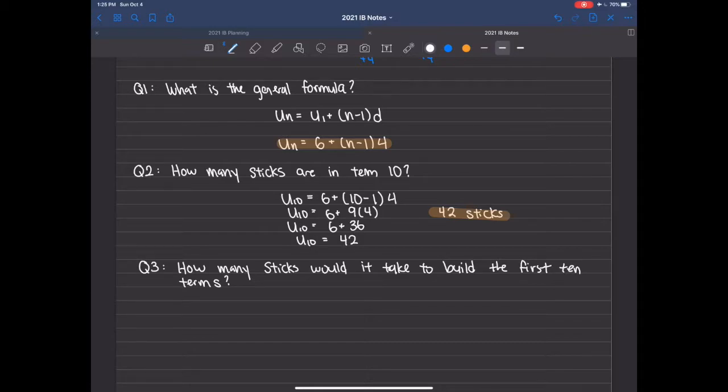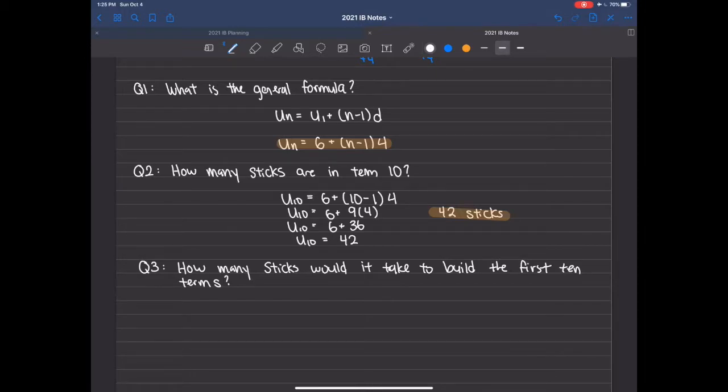In other words, I don't just want to use all the sticks from step 9 to build term 10. I want to lay them all out. I want to know in total, if I construct term 1, term 2, term 3, term 4, all the way up to term 10, how many sticks am I going to need?